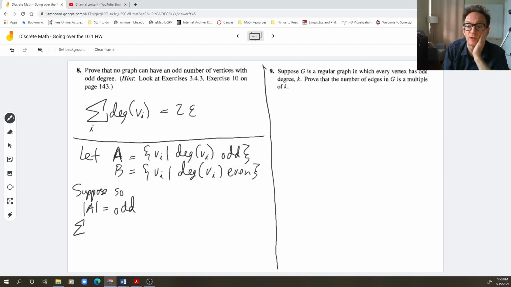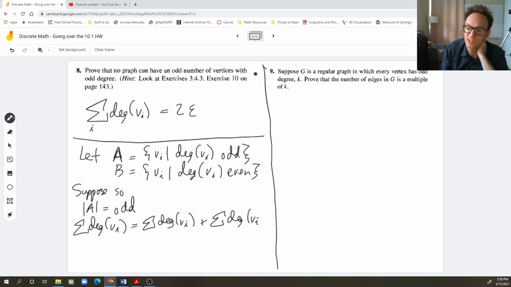We ask for the sum of the degrees of all the vertices. On the one hand, the sum of the degrees of all the vertices is twice the number of edges, but on the other hand, it is just the sum of the degrees of all the vertices in A plus the sum of the degrees of all the vertices in B.